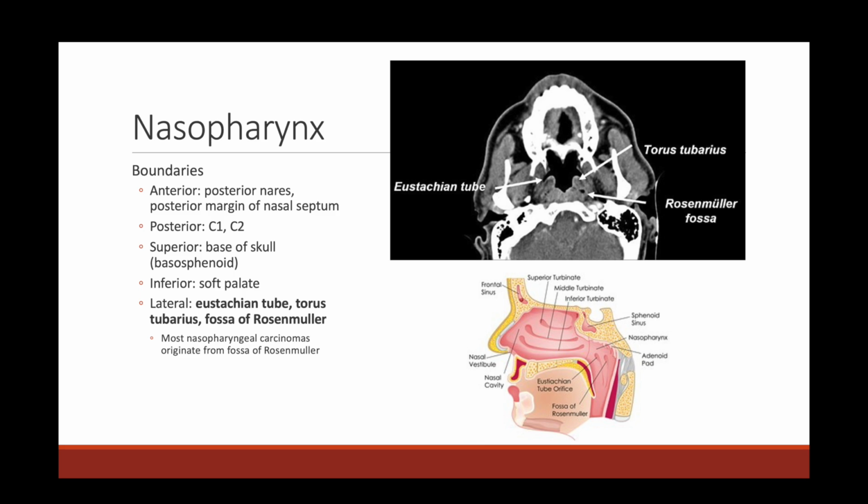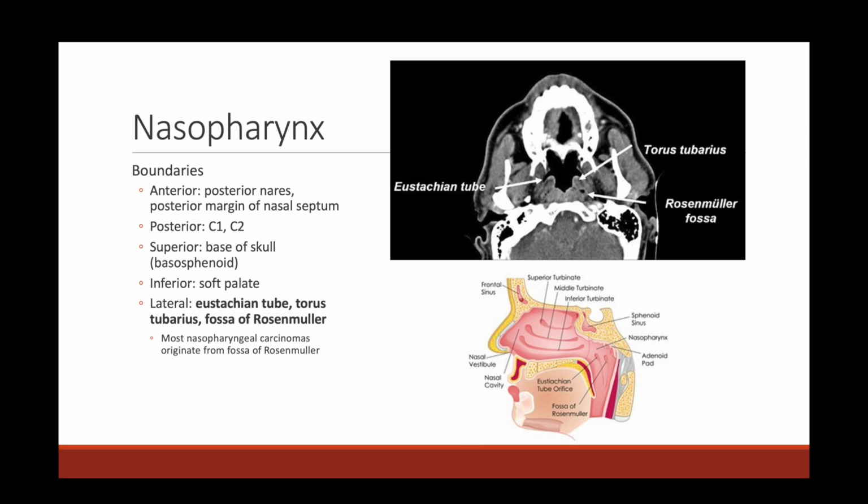So in the axial image that I have on this slide, you can see a picture of a CT scan, and you can see the opening to the eustachian tubes. You can see the torus tubarius projecting out towards the middle of the nasopharynx. And then just posterior to the torus tubarius, we have this area called the fossa of Rosenmuller, which is also known as a posterior pharyngeal recess.